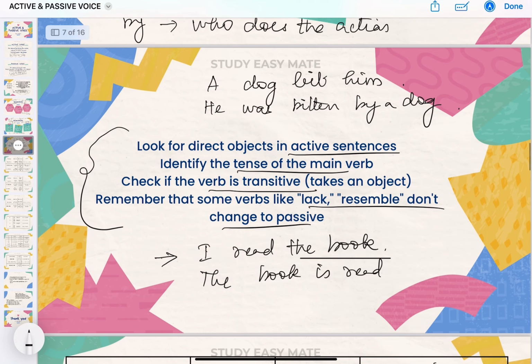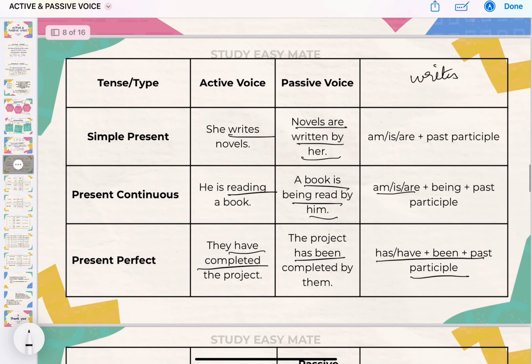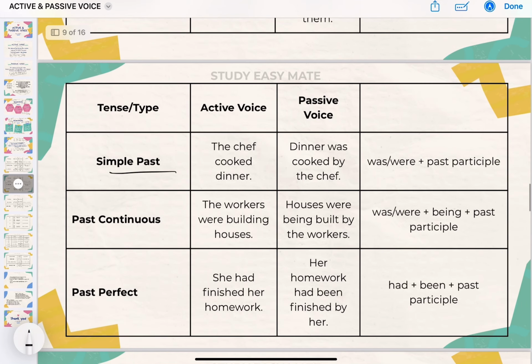The reason I did not mention the tense or the direct object here is that you will have to refer to this tabular column, and it would give you an understanding of that particular sentence and what tense it is. So this is in the present tense. Here are simple past, past continuous and past perfect.